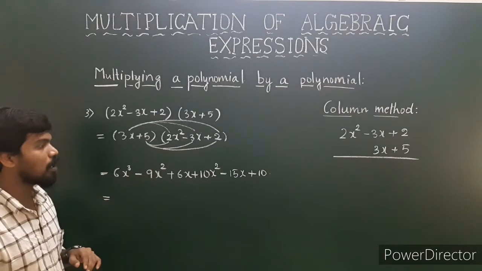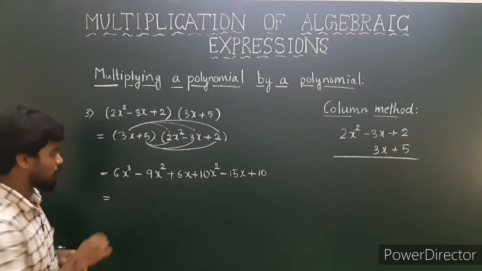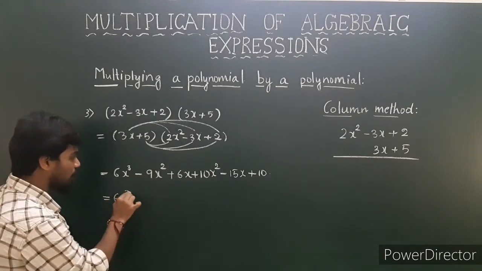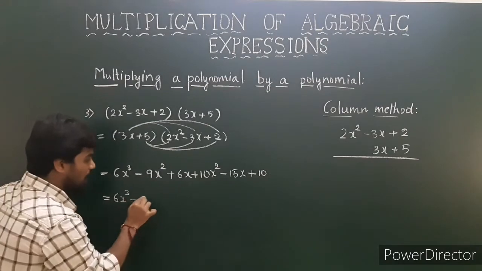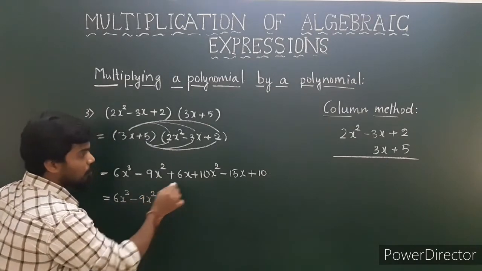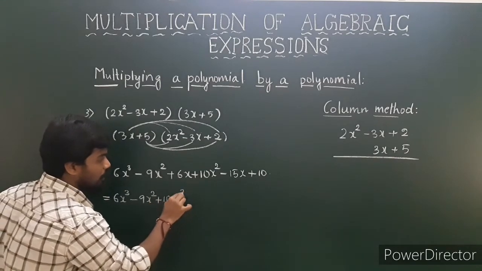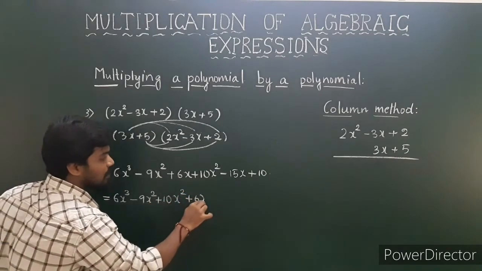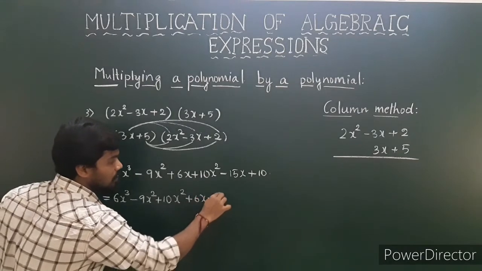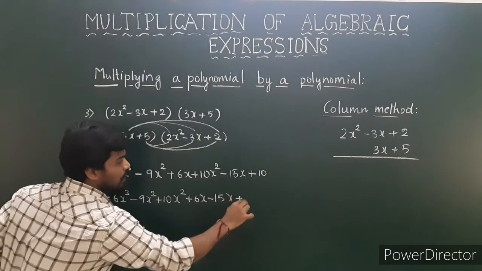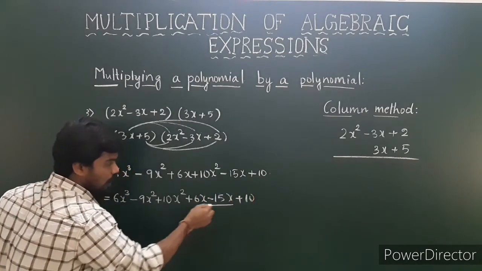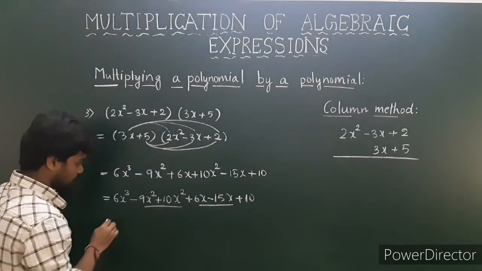Now you take like terms together. 6x cube will have only one term, so write it first. Then minus 9x square, and we have one more x square term, that is 10x square, plus 6x and minus 15x plus 10. Now these two are like and these two are like.